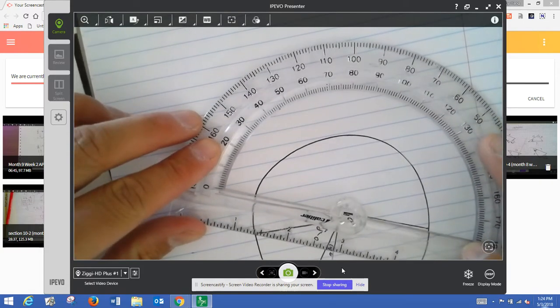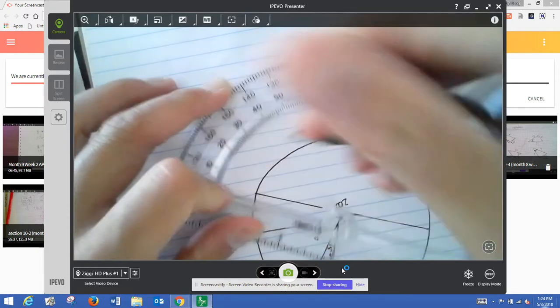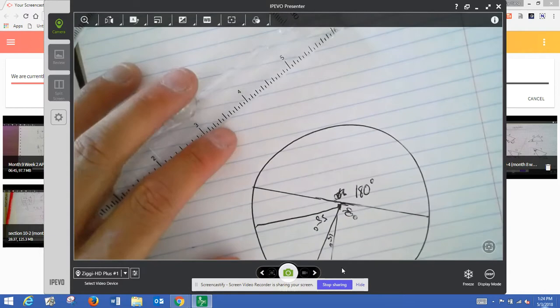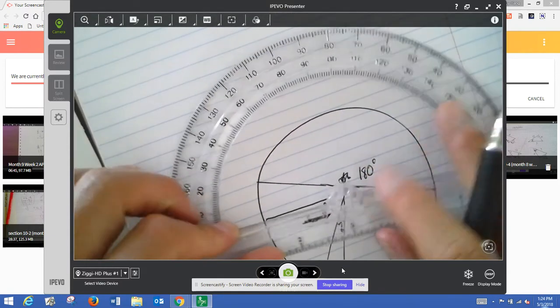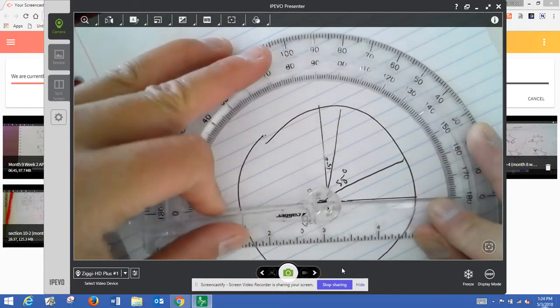Let's just add one more line. Let's say that's 180 degrees. And then this over here should be about 20 degrees.